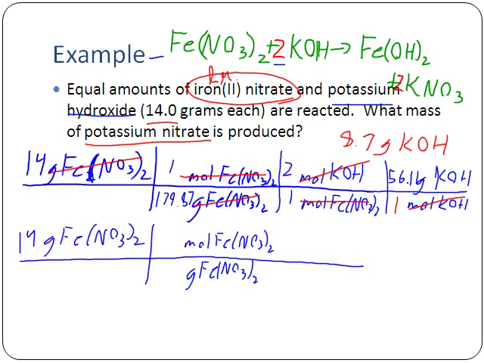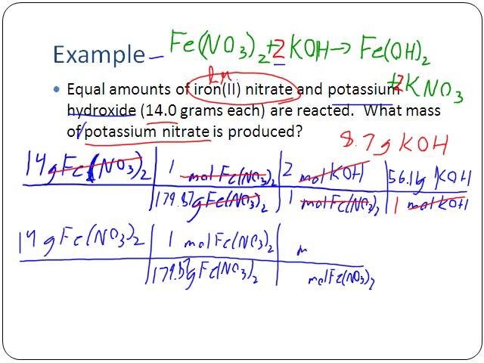And so here we actually already figured out this step. We figured out it was 179.87. One of the nice things about this system is that you sometimes figure out some of the steps already. But this time, instead of going from moles of iron 2 nitrate to potassium hydroxide, we're looking for potassium nitrate.